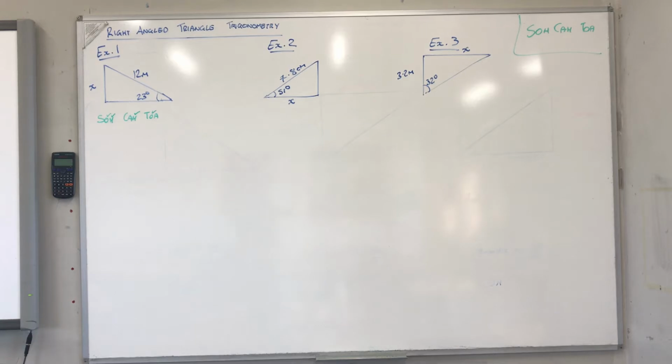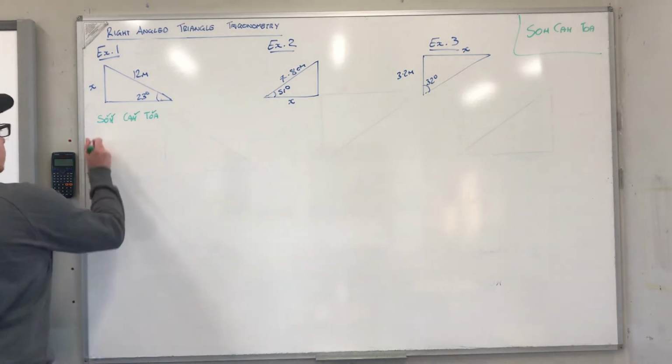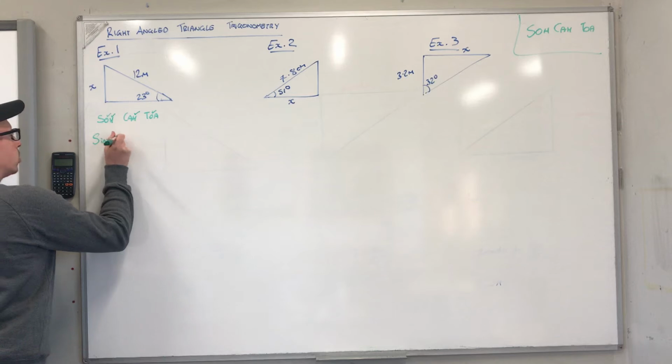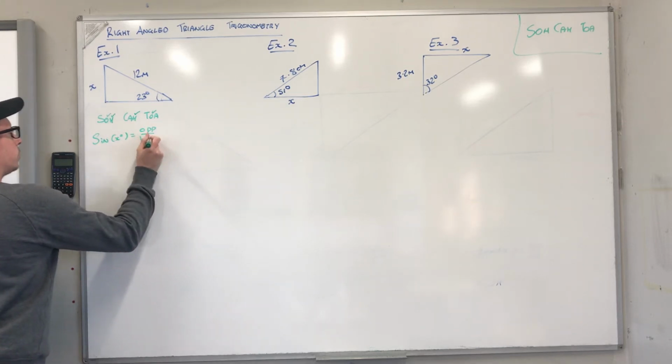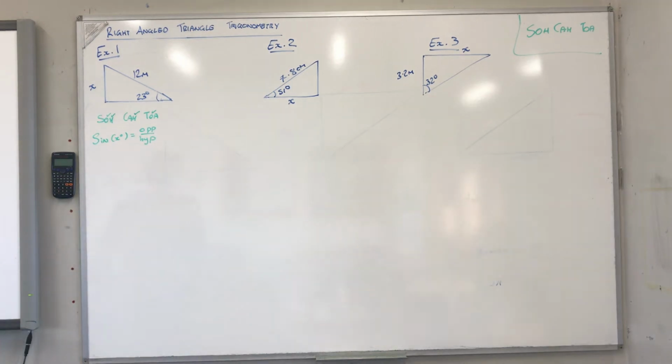So which ratio are we going to use? Well, there's two ticks on so that means that we're going to use sine equals opposite over hypotenuse. So now what do we know?